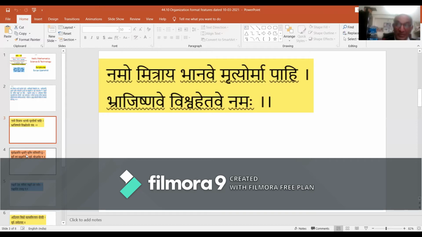So hypercube 6, six-space body, the body of the sun, the formation of the sun is to provide a format for transmigration for the Jeev from one body to another body.